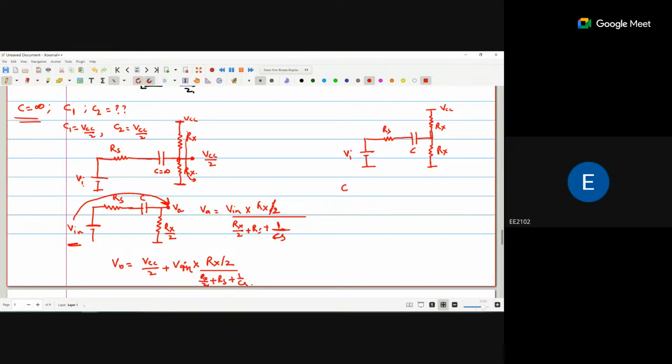Now how do we calculate the R? Total, the RS and C are in series.